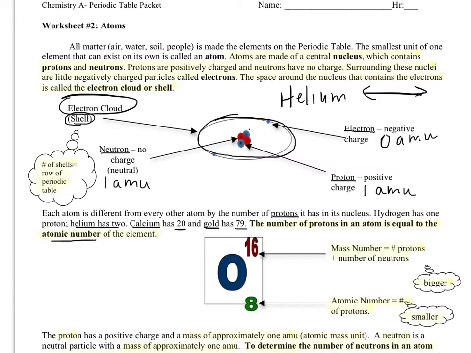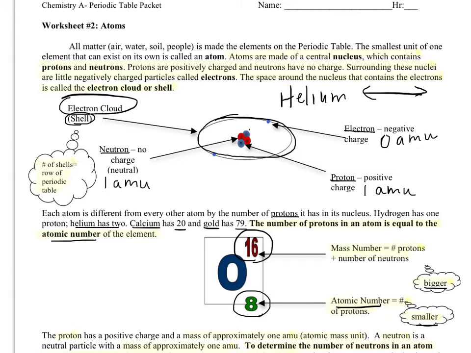Okay, on the periodic table, you'll have 2 numbers. The smaller number is always the atomic number, and that's telling you the number of protons. And then the bigger of the 2 numbers listed on the periodic table is the mass, or the mass number. The mass is just adding up all the parts of the atom or the element that have a mass.